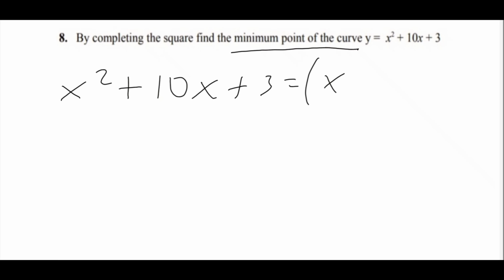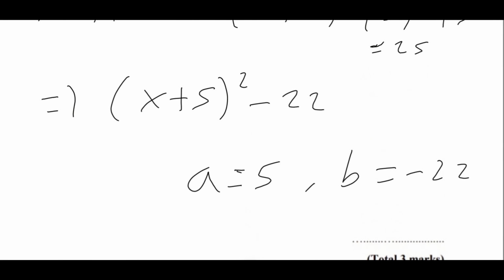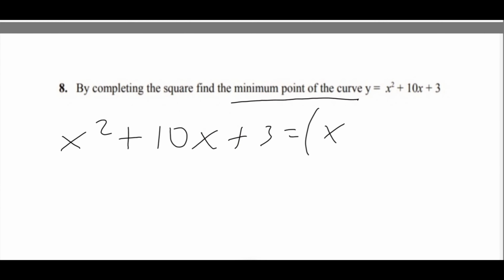Firstly, we have to write down the equation and complete the square. Luckily for us, we have already completed this in the previous question, so we already know the final answer. But even if you didn't have that, you can just complete the square and go forward from there.